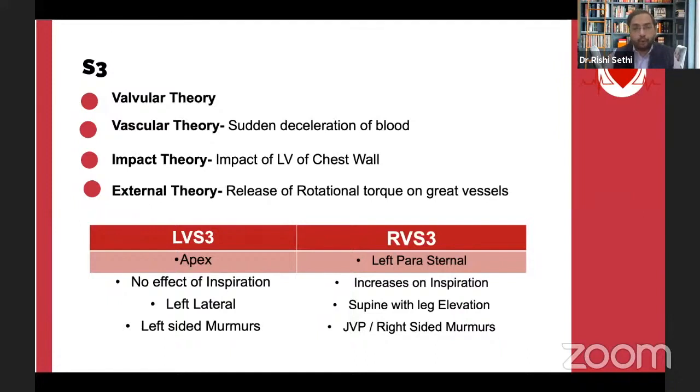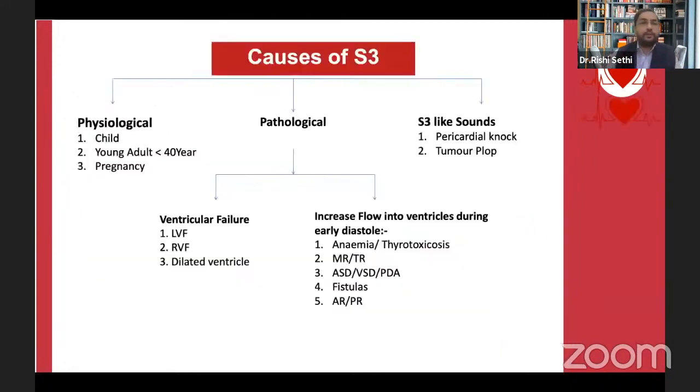It will become more pronounced with the patient supine and with leg elevation, where there is more blood return to the right side of the heart, whereas the LV S3 would be more pronounced in the left lateral position. LV and RV S3s would be corroborated by left-sided murmurs for LV, right-sided murmurs for RV, JVP and things like that. So you have to look for the entire picture.